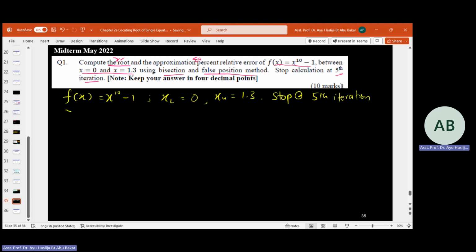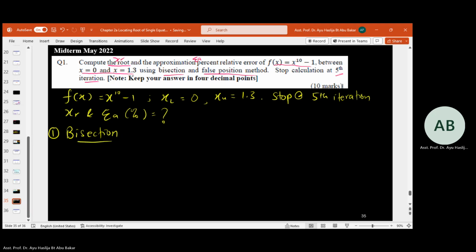What you need to find? XR and also the EA. So go for the first method, which is the bisection. Remember, the XR to calculate for bisection uses this equation.